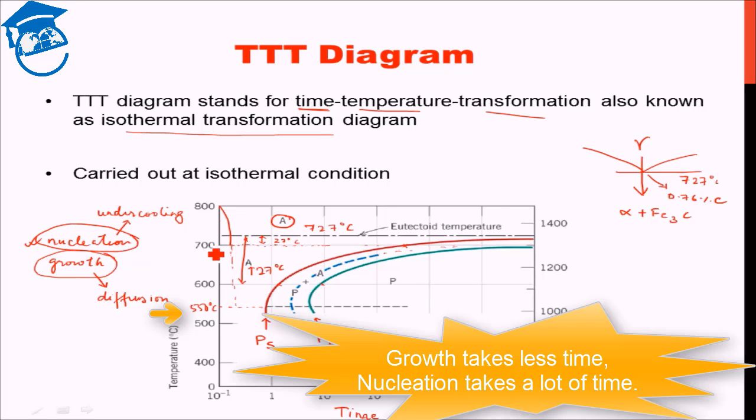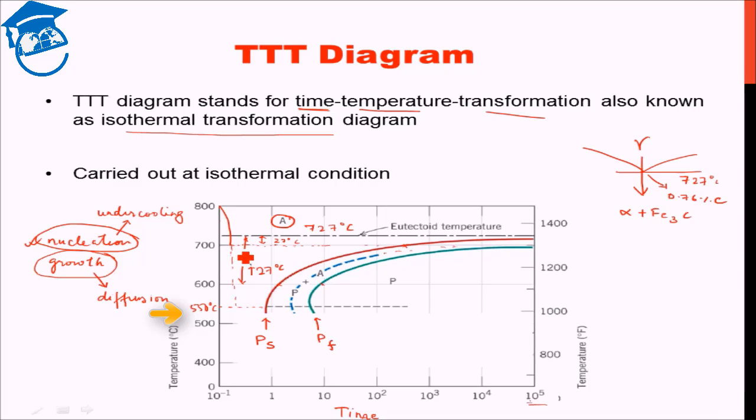Therefore, higher temperature requires a lot of time to form nuclei, thereby the process of pearlite formation takes a lot of time. At lower temperature, the nucleation driving force is much higher, nuclei are formed immediately, diffusion is still at quite a high rate, thereby the pearlite formation is quite rapid. Fine.